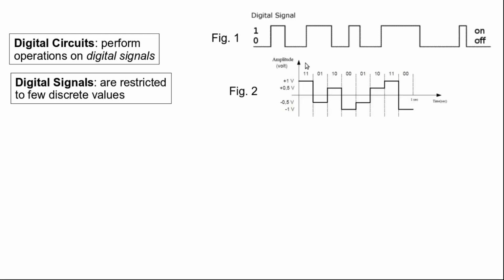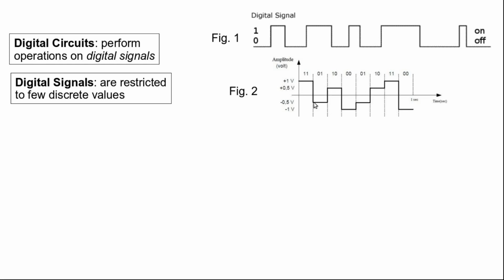Another example of a digital signal is here, and whereas the previous digital signal had only two discrete values, 0 and 1, this signal has four discrete values. So this is one possible value, 1 volt. The other possible value is 0.5 volt.